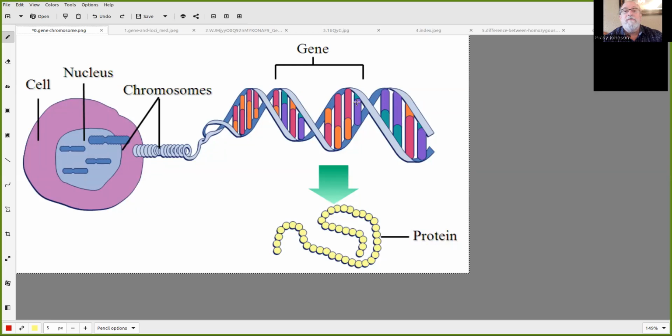We know that there are pieces of DNA that we call genes, all right? And those genes carry information. They carry the information for making proteins. And we've already learned that proteins do all of the work in the cell, or at least most of it.